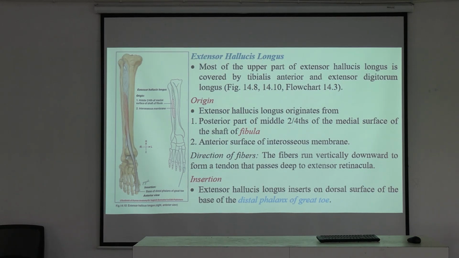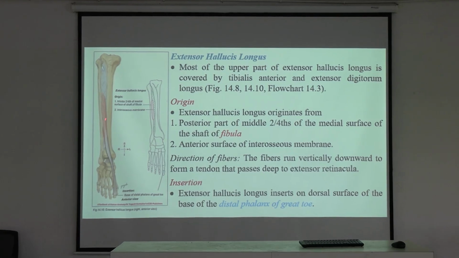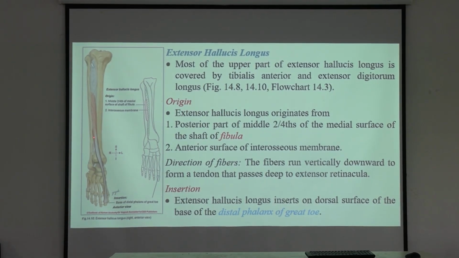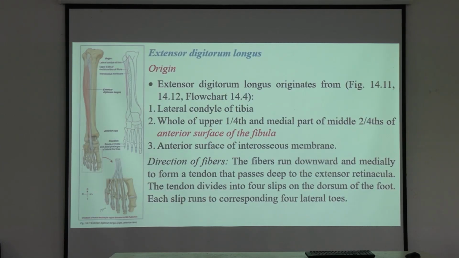Similarly, this is the origin of the extensor hallucis longus. Okay. Next, extensor digitorum longus, okay, from above, you can see it originates from the lateral condyle of the tibia, whole of the upper 1/4 of the extensor surface of the fibula.